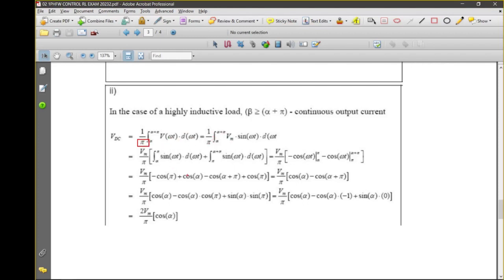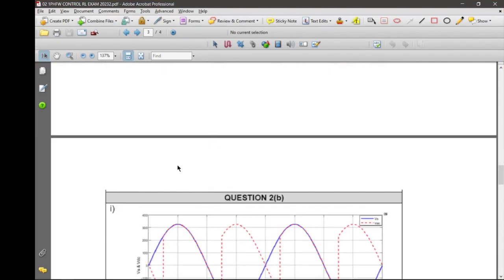Then you can simply use the trigonometric function identities, and finally you find that the output voltage is defined by this equation: 2 Vp over pi cos alpha. Again, in the solution, I will give the notation for the peak value with a hat there. So that is the output voltage, so you get full marks for that.